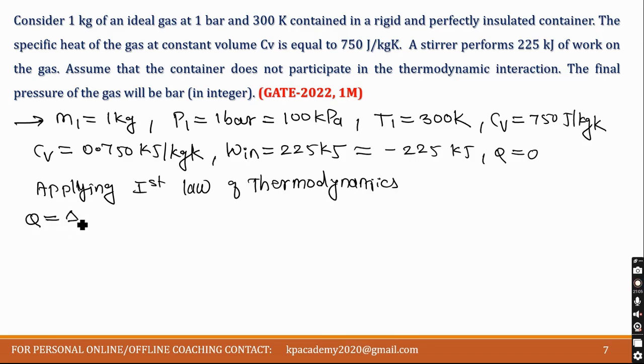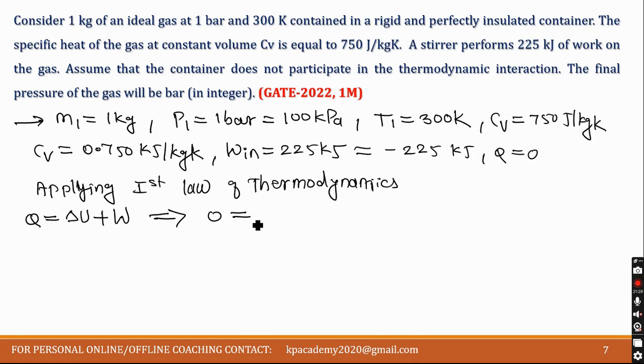Q equal to delta U plus W for a closed system. It is very simple. Now in this case Q is 0, so this equation can be written as 0 equal to delta U.